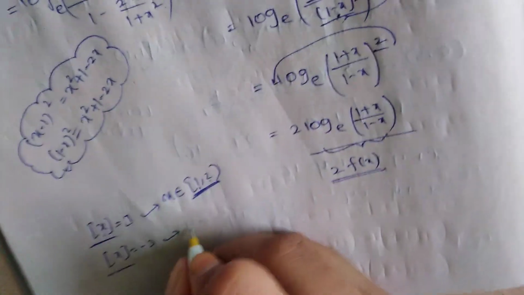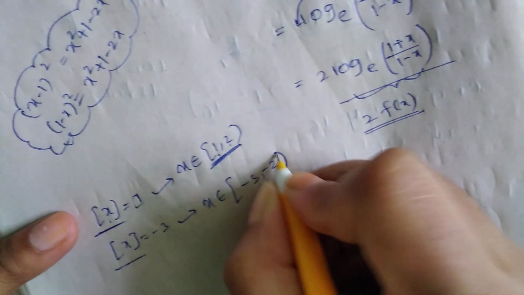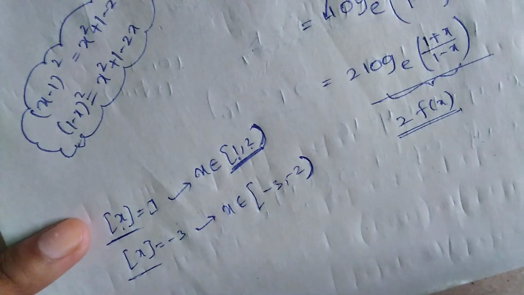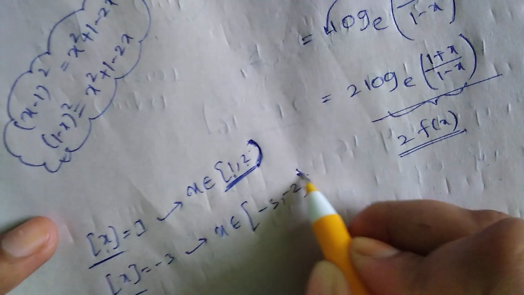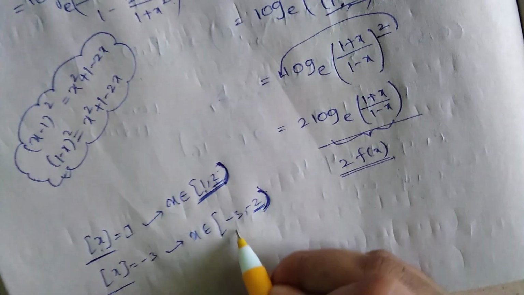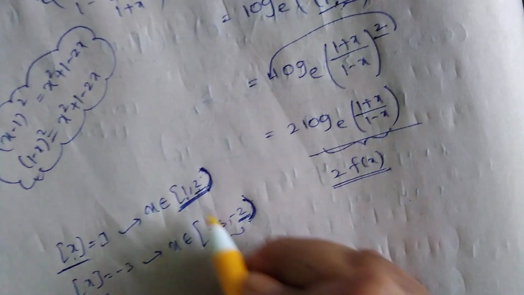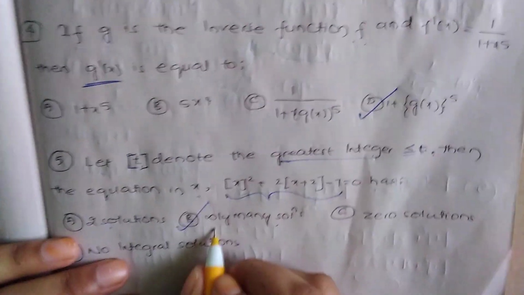Similarly, x belongs to minus 3 comma minus 2, open bracket, I'm sorry; minus 2 is not included. How many numbers do you have between minus 3 and minus 2 and 1 and 2? There are infinitely many solutions. So option B is correct, infinitely many solutions.